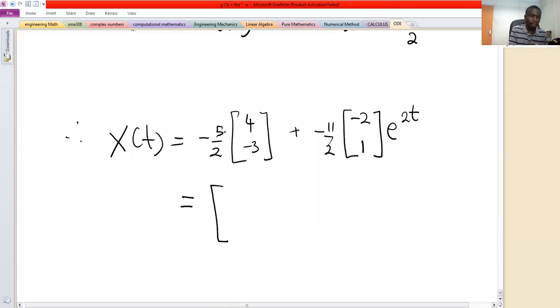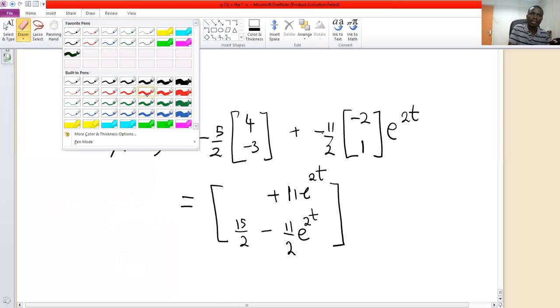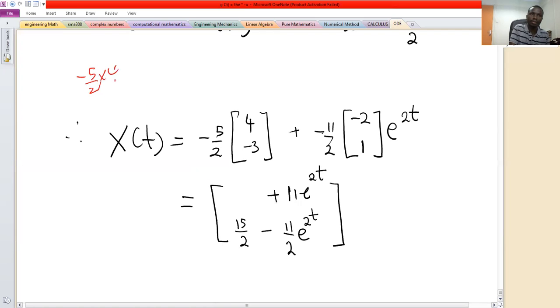Minus 5 over 2 times 4 is minus 10. Remember, this is negative, so this is negative 10, not 5, because we have minus 5 over 2 times 4. And minus 5 over 2 times minus 3 gives 15 over 2. Then minus minus gives plus, so 11 e raised power 2t, and then minus 11 over 2 times 1, e raised power 2t.